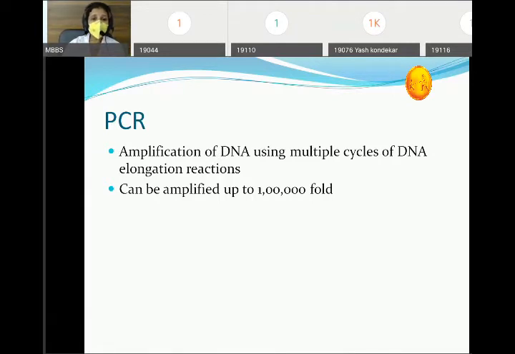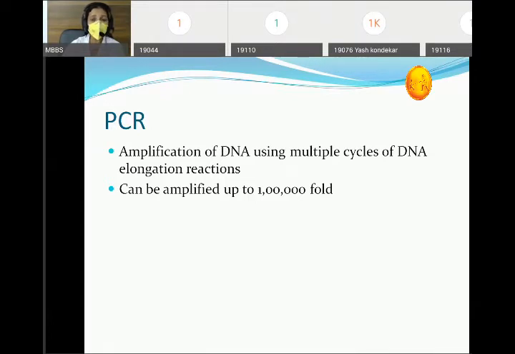Basically, PCR means an amplification of DNA using multiple cycles of DNA elongation reaction. So you can amplify one DNA up to lakhs of times. Suppose you are having a single DNA or RNA of any sample, then with this PCR technique you can amplify this DNA.